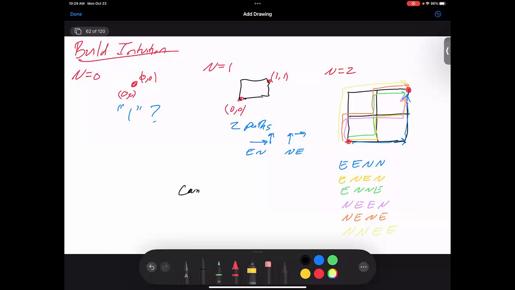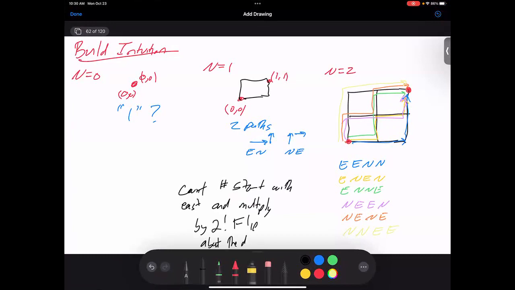So count the number that start with east and multiply by 2. And that could either be 2 factorial or it could just be 2, excited. Either way is fine. Because by symmetry, I can flip about the middle. You know, flip about the diagonal.